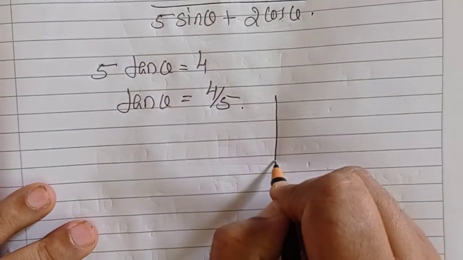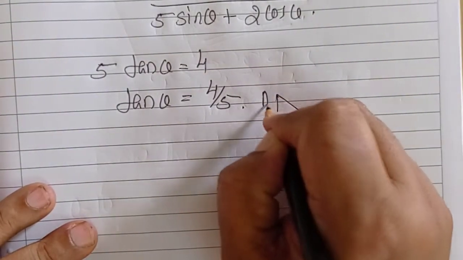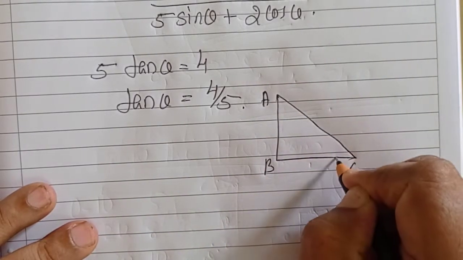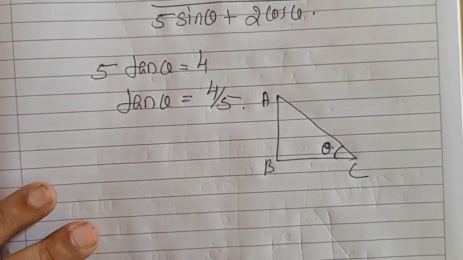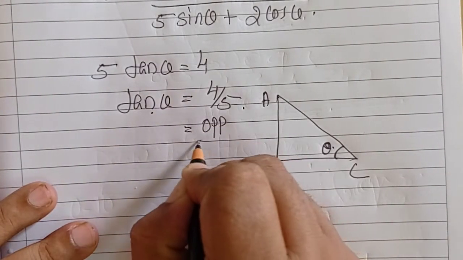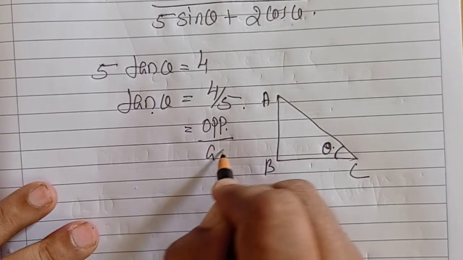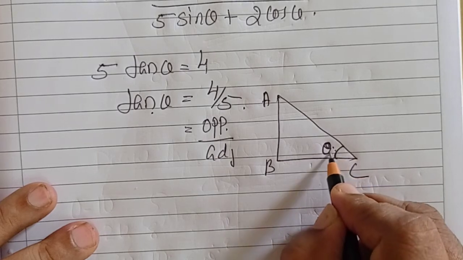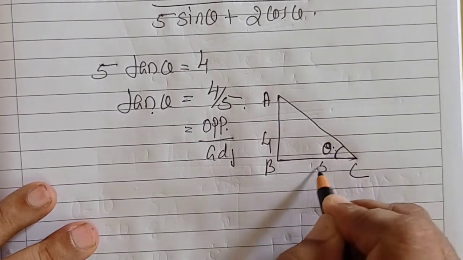Always you draw a figure. Draw a right triangle. You can mark here ABC and mark this theta here. Theta, one acute angle. Then can you say what is tan theta? Tan theta means opposite by adjacent. Therefore, opposite side of this theta is 4 and the adjacent side is 5.